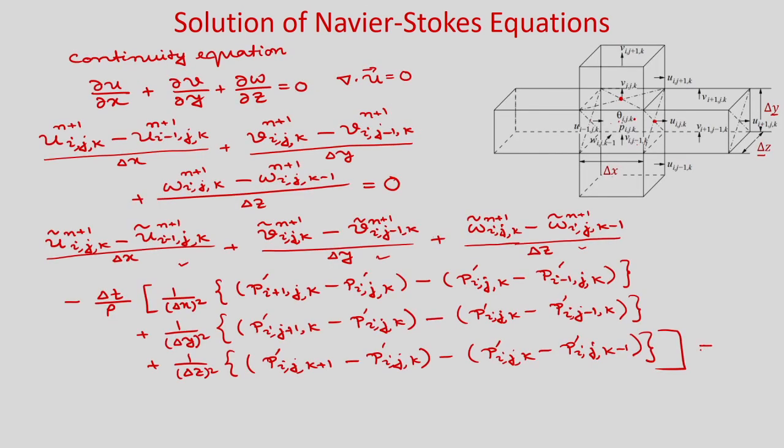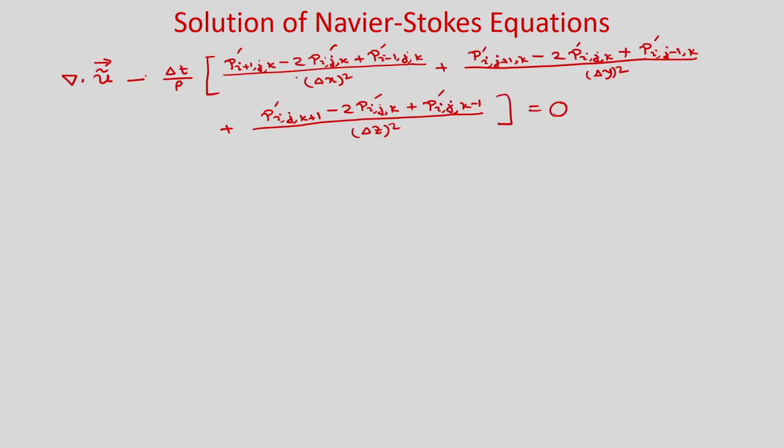This will be equal to 0 because we have substituted it on the left hand side, so the right hand side is equal to 0. So, you can see here we will assume that the pressure correction in the neighboring cells are 0.